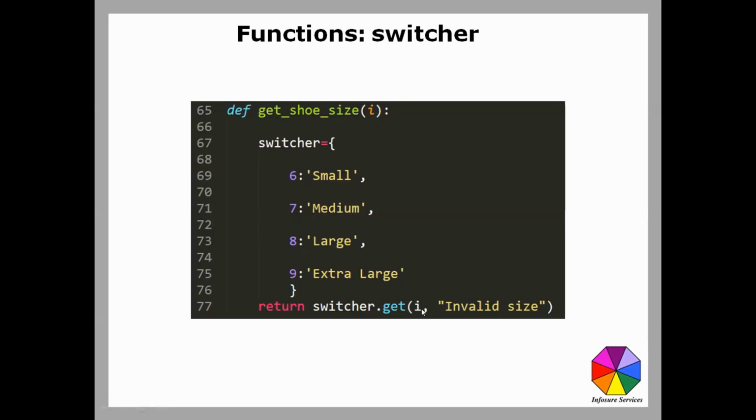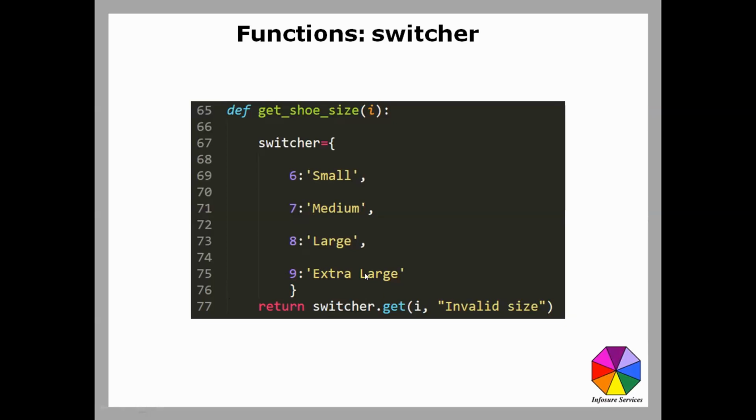However, if I pass the value 10, which is not in this, that's when it will show invalid size. If I put the value 10 while calling get shoe size, it will see that I have not defined the 10 in this dictionary, and it will go to the default. Inside this get, I have this invalid size, which is the default, and it will return that default invalid size. Is this clear?